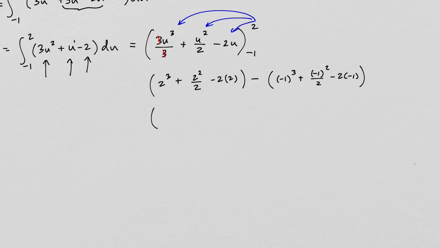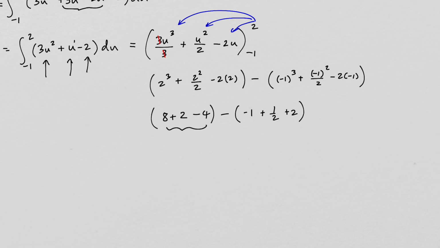Doing the math, we get 8 plus 4 divided by 2 is 2, minus 2 times 2 is 4, minus negative 1 cubed is negative 1. Negative 1 squared is positive 1, so this becomes positive 1/2. And then negative 2 times negative 1 is positive 2.